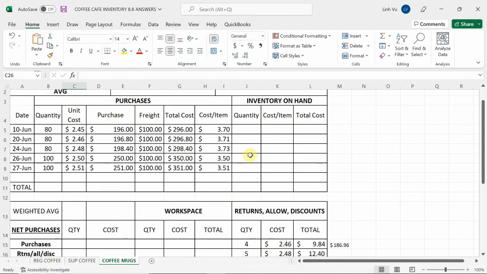Okay? So in this case, first things first is let's tally up our totals on how much we purchased. How many mugs did we purchase in grand total?